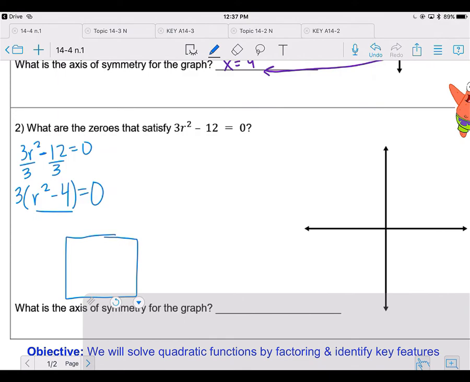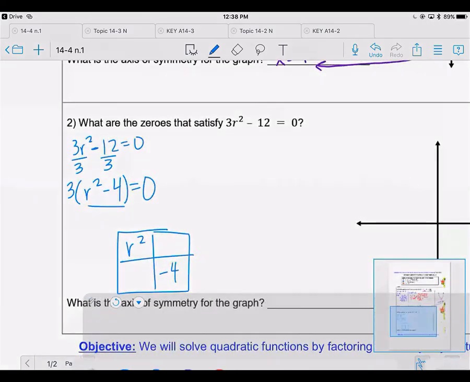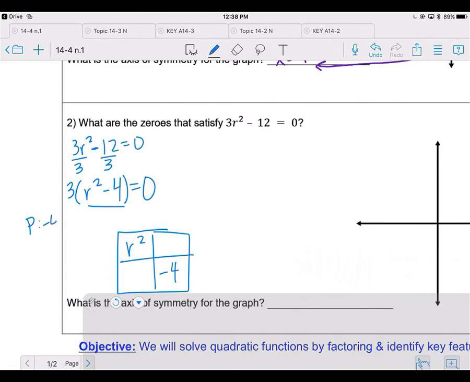If you remember the formula chart or the formula for this, then you are allowed to use that. If not, use the box. R squared minus 4. My product is negative 4r squared. My sum is 0 because there is no r listed.